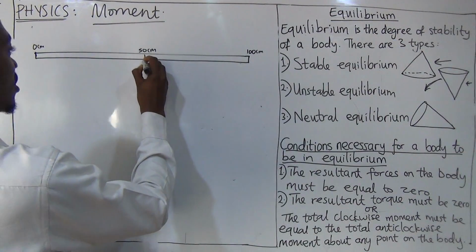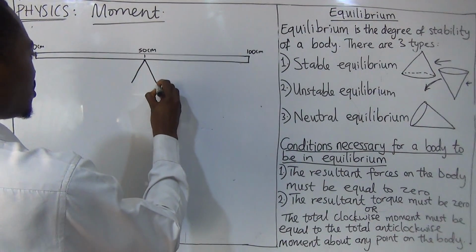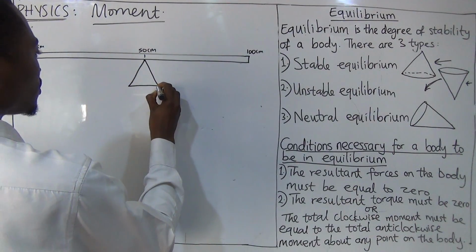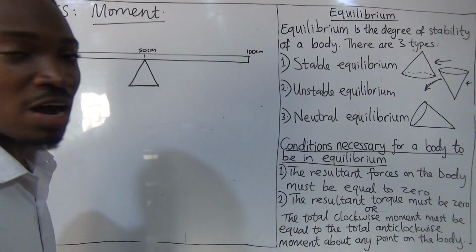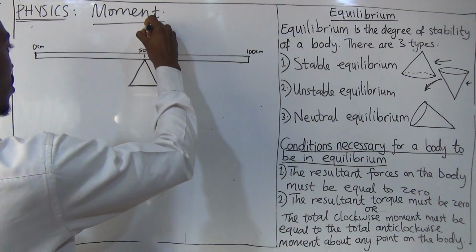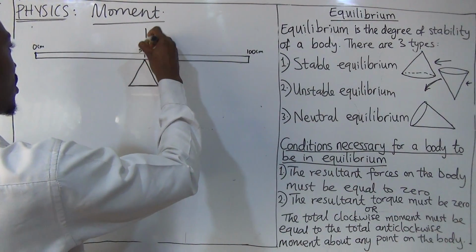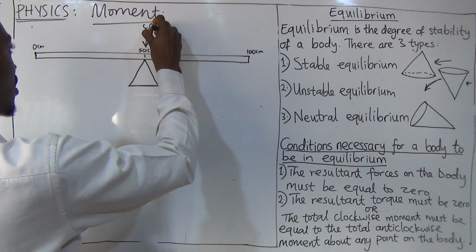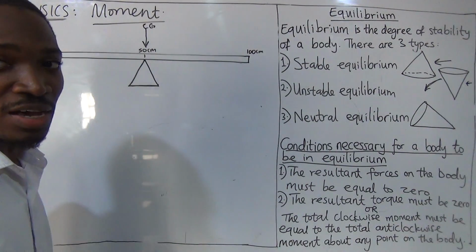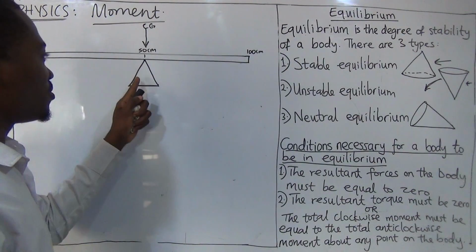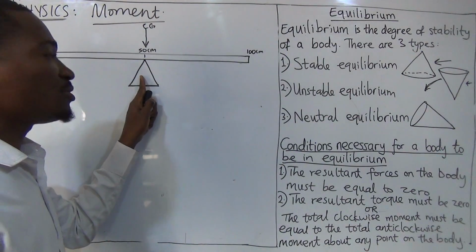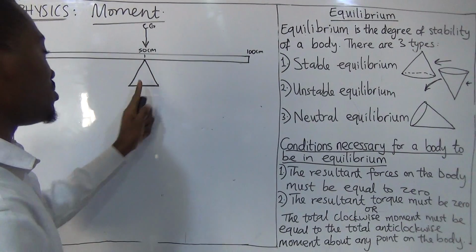Now, if you place a knife edge at the 50 centimeters mark, because the knife edge is at the center of gravity, the weight of the meter rule is at the center of gravity. That's the 50 centimeters mark, right? Good. Also, the pivot or the knife edge is at the 50 centimeters mark. What does that mean?